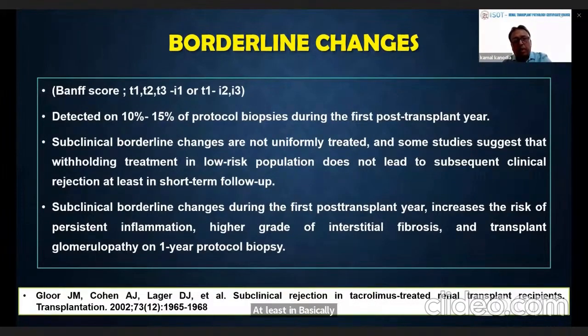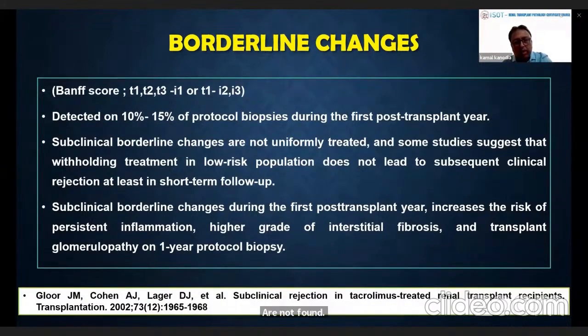Basically, whenever borderline rejections are detected on protocol biopsies, a few centers believe that they should not be treated, because they feel that in a low-risk population, that is patients who have already been given induction therapy and are on triple immunosuppression, if we withhold the treatment, even then the rejections are not found in subsequent clinical biopsy.